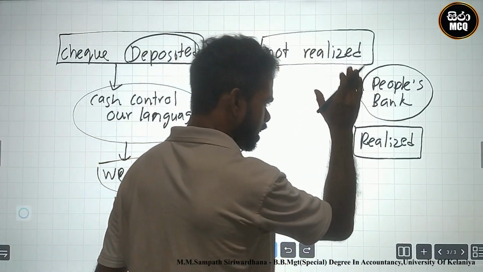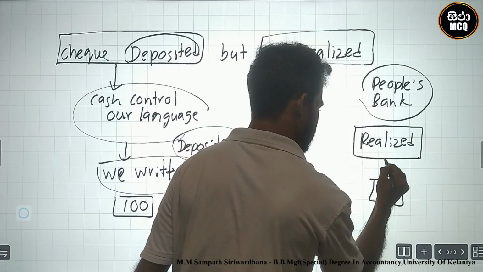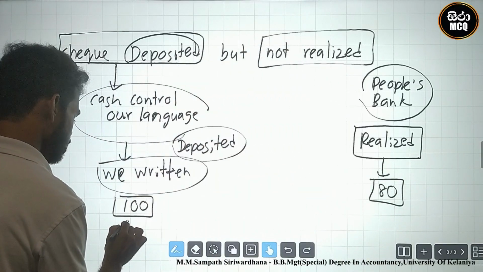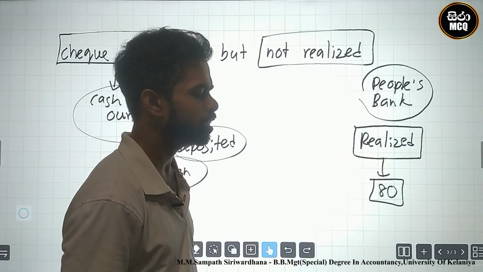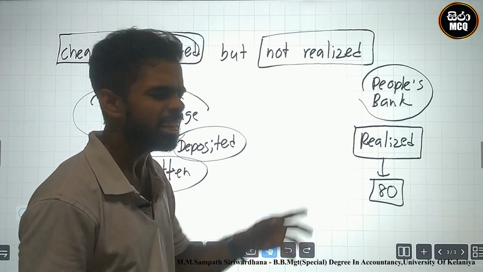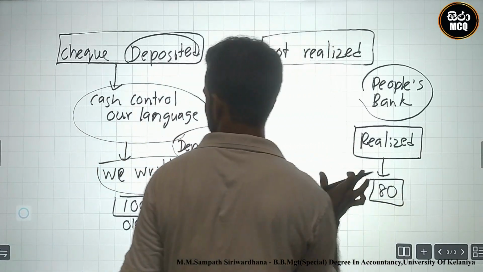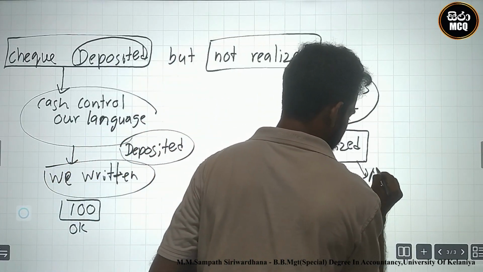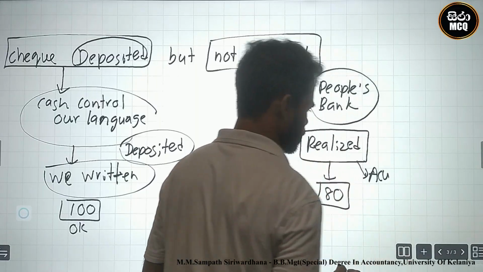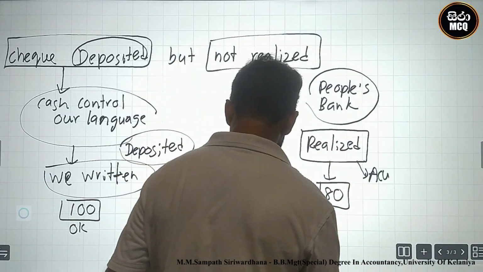They said realized only 80. 100 is ours, but People's Bank said realized. Realized means actually deposited. The manager said actually deposited is realized.